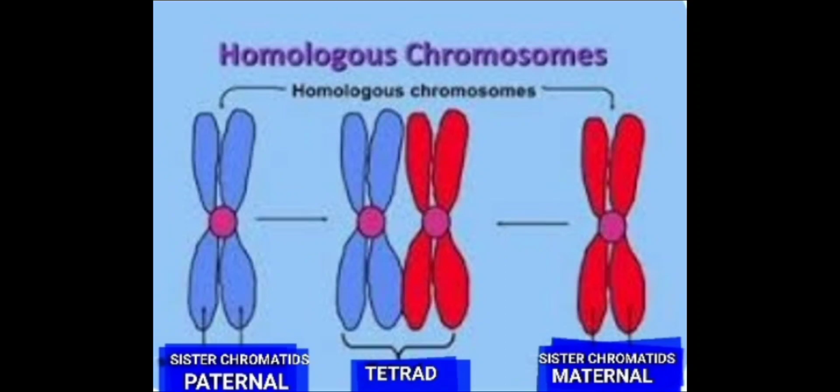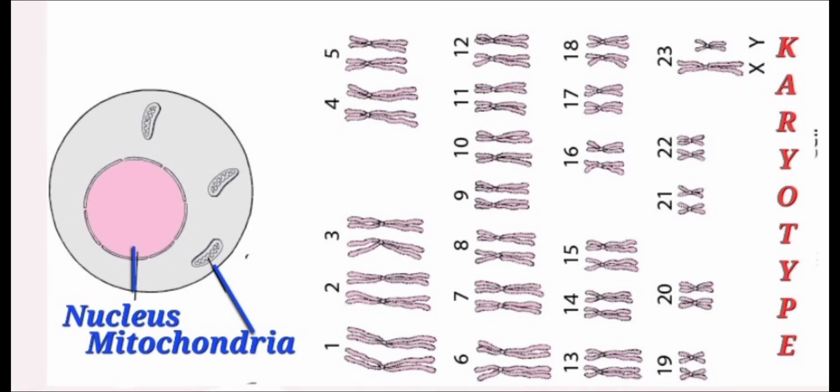So, the pictorial representation of the human chromosomes lined up sequentially in pairs is called the karyotype. We can otherwise say that the karyotype is the picture of the full set of human chromosomes in a person's cells.